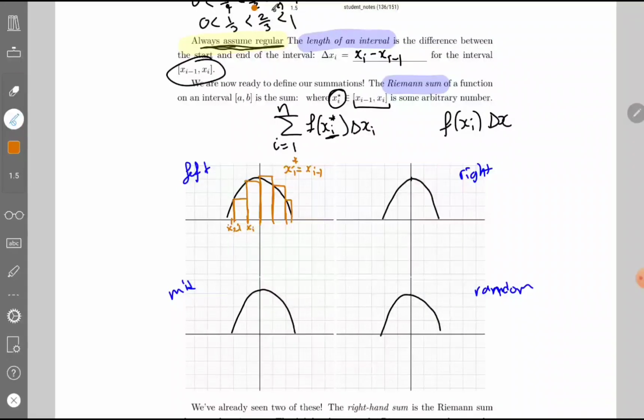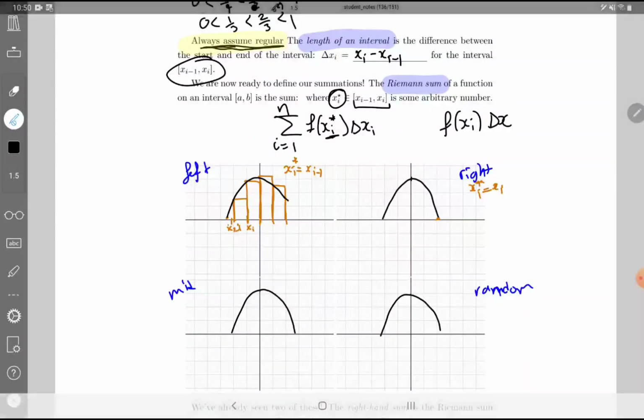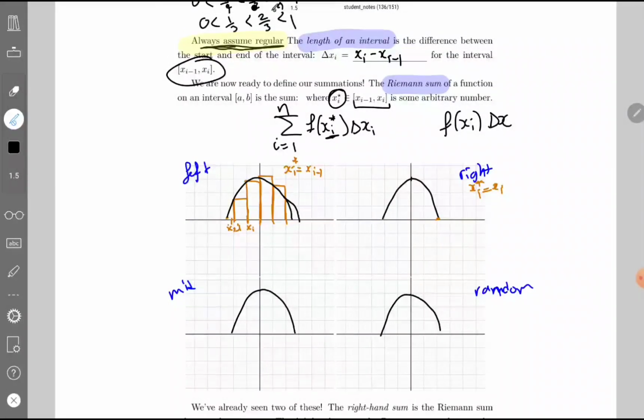The right-hand side is going to be different: xi star is equal to xi, so it grabs from the right-hand side instead. Let me fix the intervals so our interval is between minus 2 and 2.